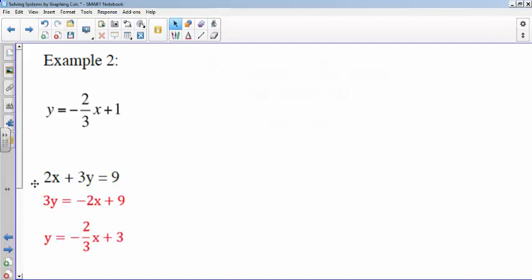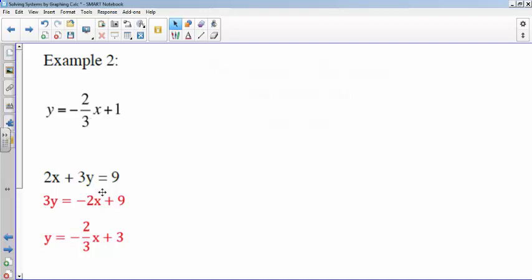So here you see the first thing I did was get the 3y by itself. That gave me negative 2x plus 9, and then I divided everything by 3.